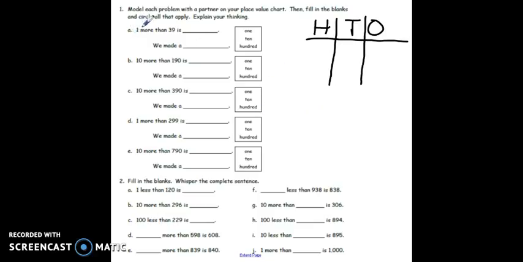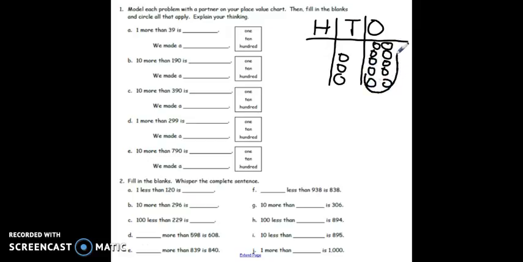So let's do one together. So here I have one more than 39 is. So I'm going to draw 39 on my board. So there's 30, 31, 32, 33, 34, 35, 36, 37, 38, 39. And now I'm going to add one more. If I add one more, I now have a group of 10.